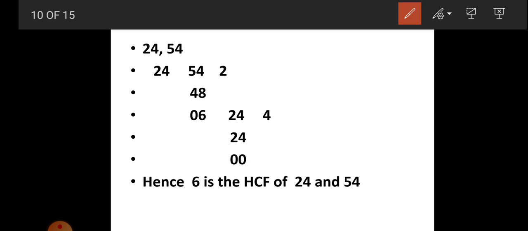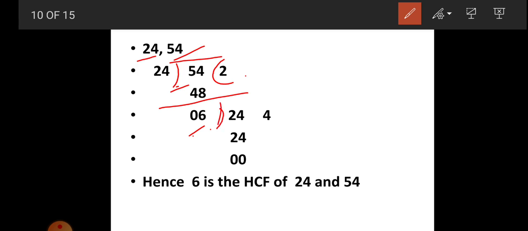Now 24 is the smaller number and 54 is the larger number. So 54 is divided by 24. 24 twos are 48. 54 minus 48 is 6. Now 24 is divided by this remainder.